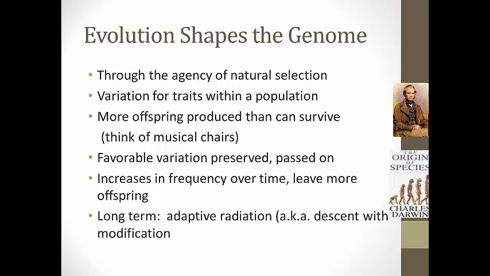So first, Darwin noted that for a given trait, whether it's the length of your nose, the color of your hair, the shape of your fingers, whatever, for a given trait, there is variation in that trait within a living population. What did he mean? Well, if you were in a live classroom, you could look around the classroom and you would see, just focusing on eye color, that some people had brown eyes.